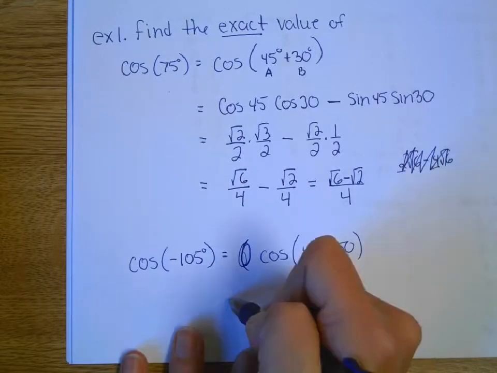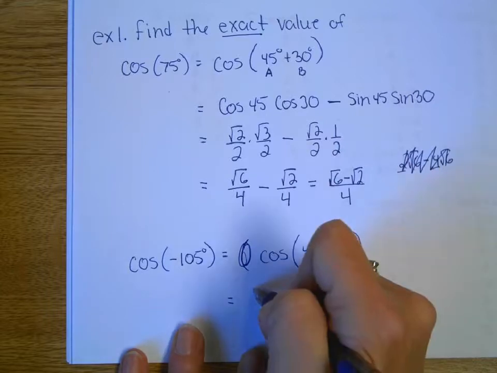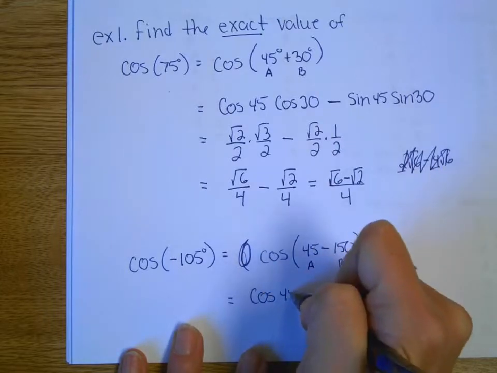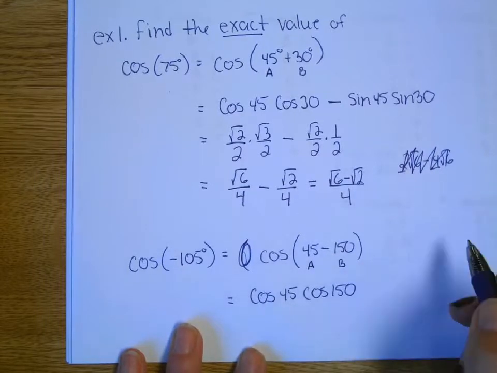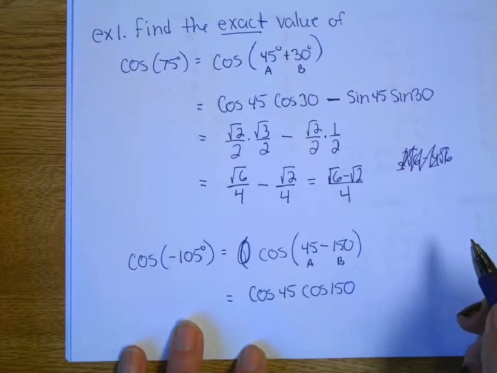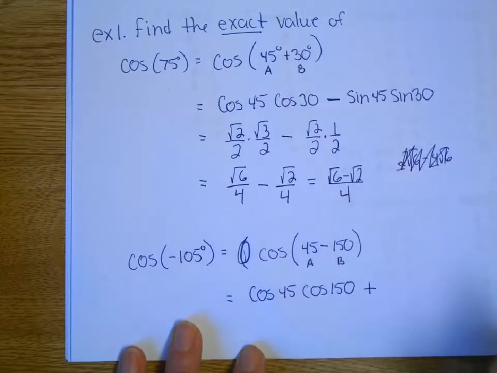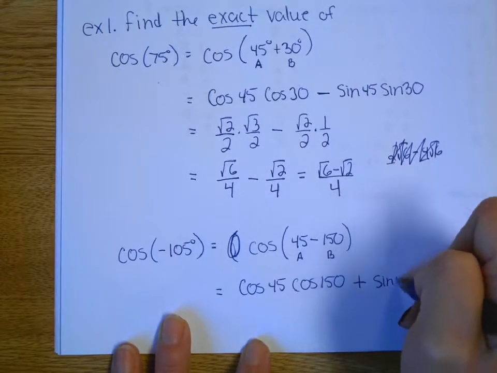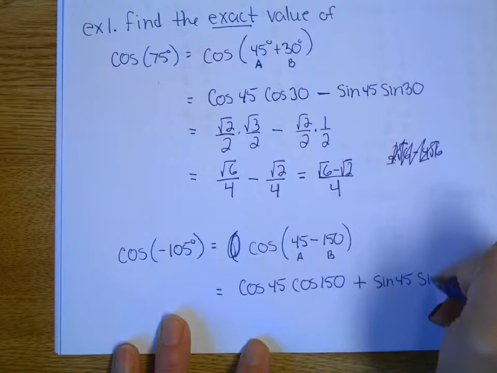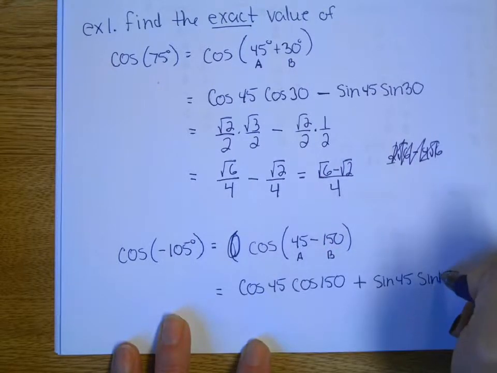So now I just expand, and the identity says take the cosine of the two angles, so that's the cosine of 45 times the cosine of 150. Not negative 150? No. And because it's a subtract, we're going to add the two signs. Sine of 45 times the sine of 150. Oh, 150. Sorry.